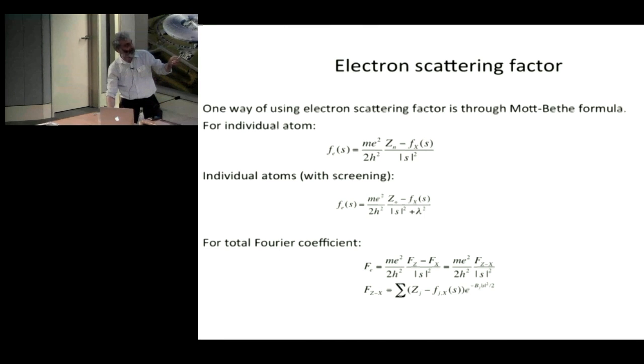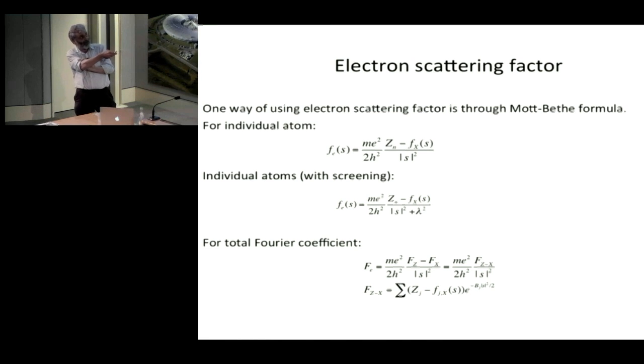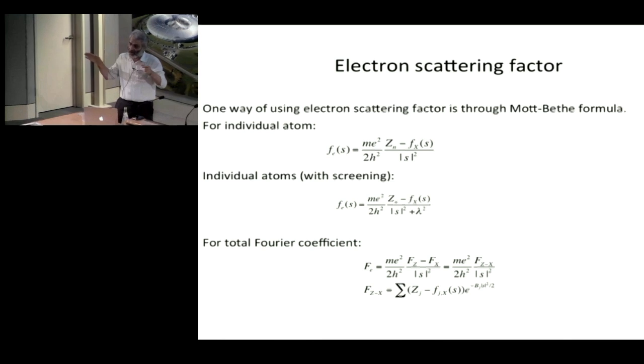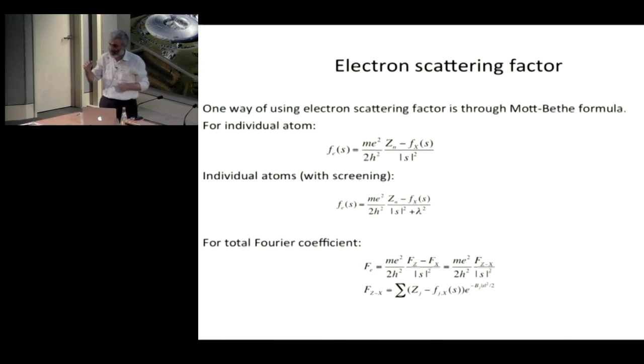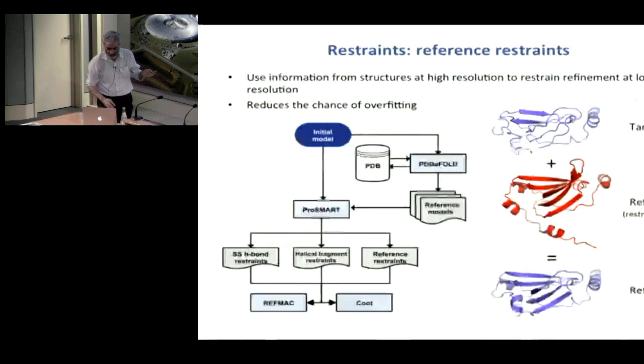That's about electron form factors. REFMAC can use that as electron form factors, as well as tabulated form factors for electrons. But tabulated form factors for electrons use Gaussian approximation, which is not valid for electron diffraction, because electrons are diffracted from electrostatic potentials.